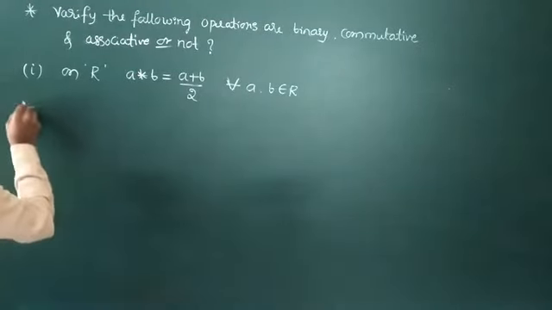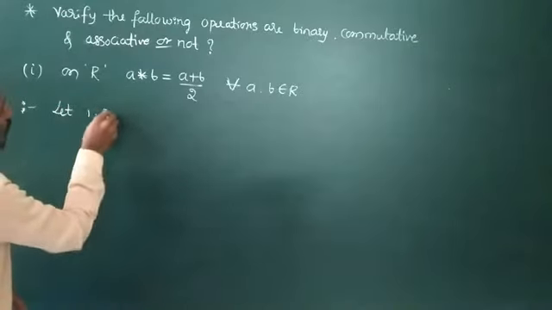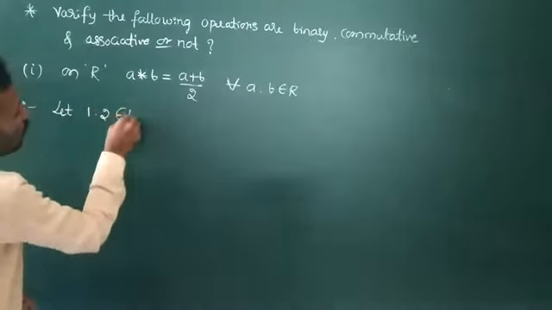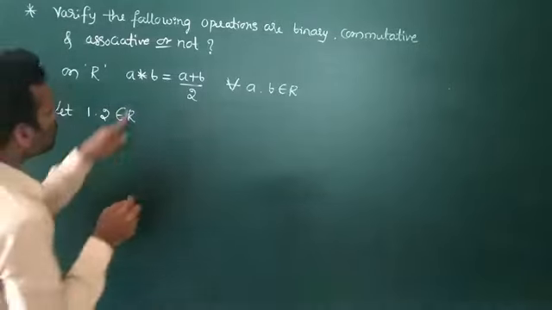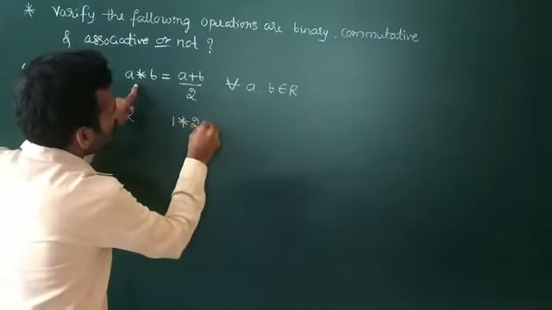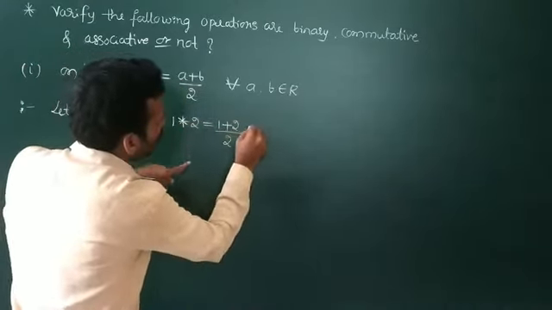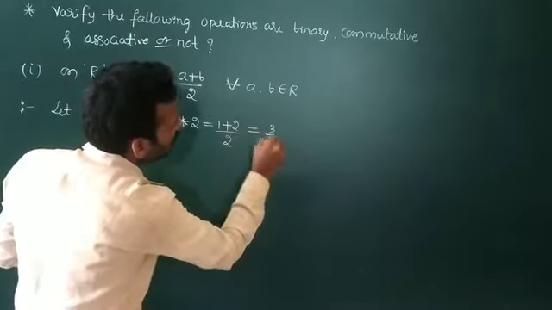Let us consider any two elements in the real numbers. I take 1 and 2, which are elements of R. Then 1 star 2, by the definition, means (1 plus 2) by 2, which is 3 by 2. Which number is 3 by 2?